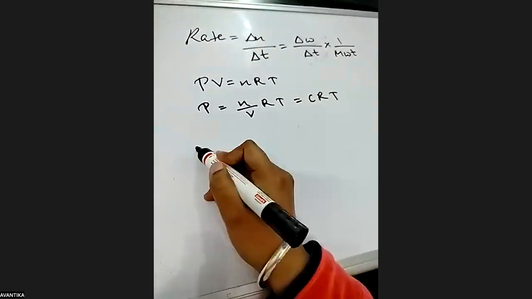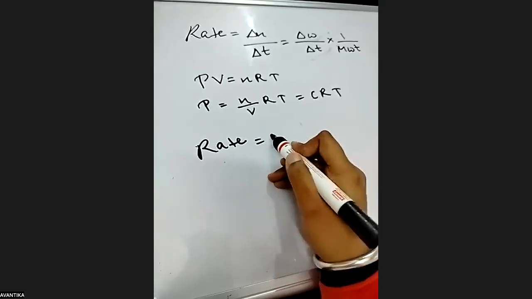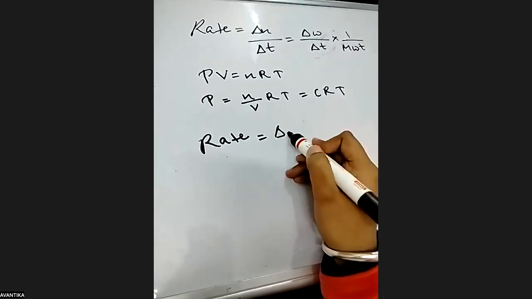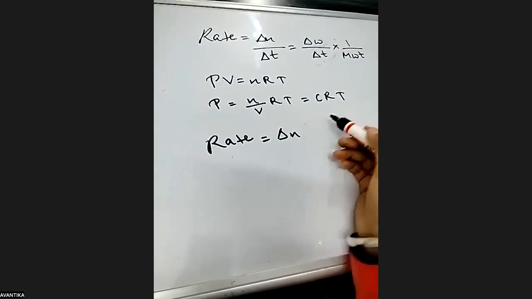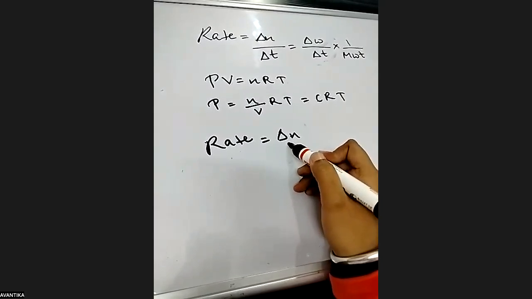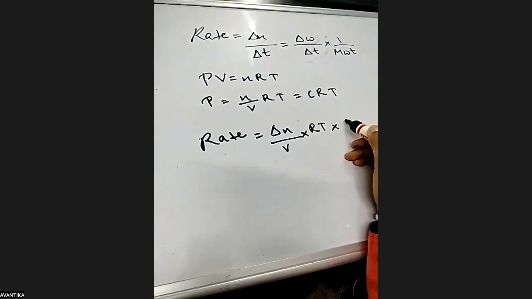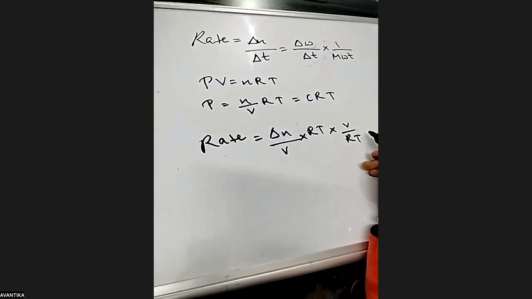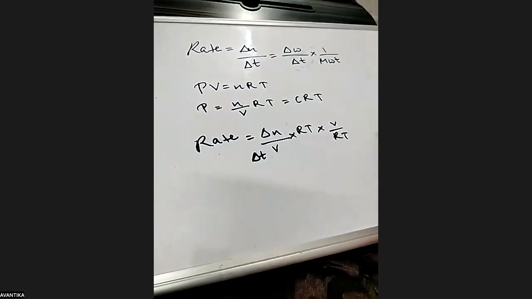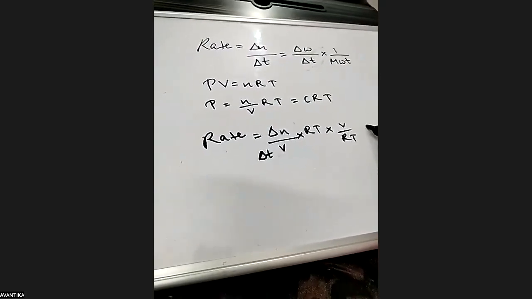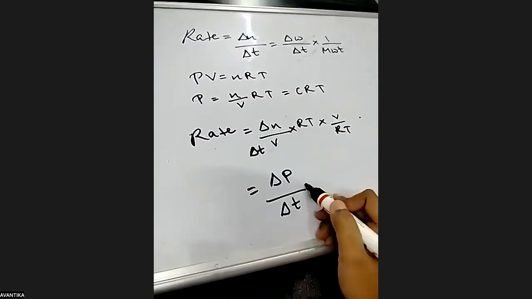So when we express this in terms of rate, we multiply it by V upon RT so that this expression can be cancelled, and we get delta P, that is change in pressure upon change in time, into V upon RT.